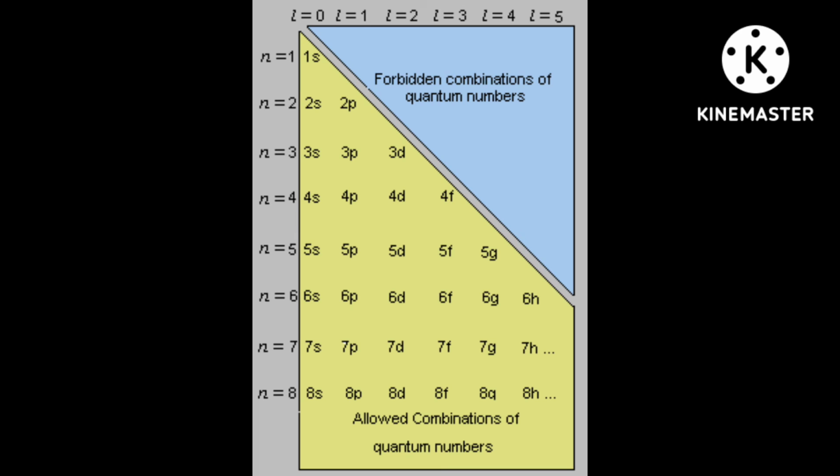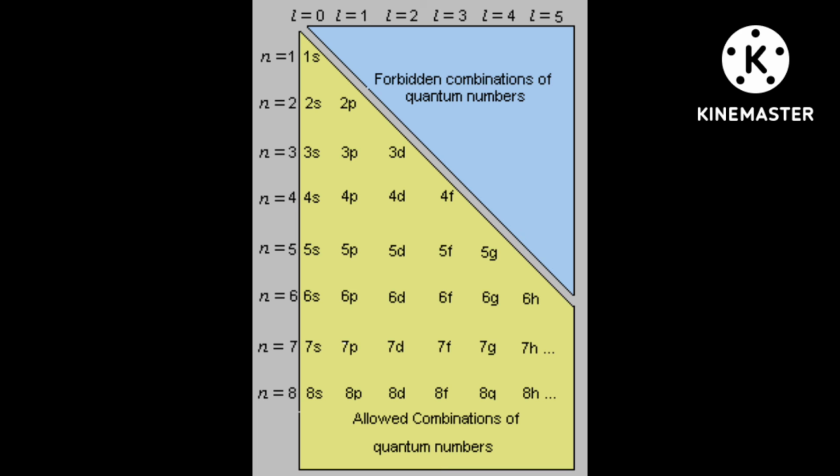Now all these things I have told you. Now I am going to discuss the spin quantum number. How all are related, I have told you. When you know n, you can know l. If n is equal to 1, then the subshell is only 1, and the orbital is also only 1.